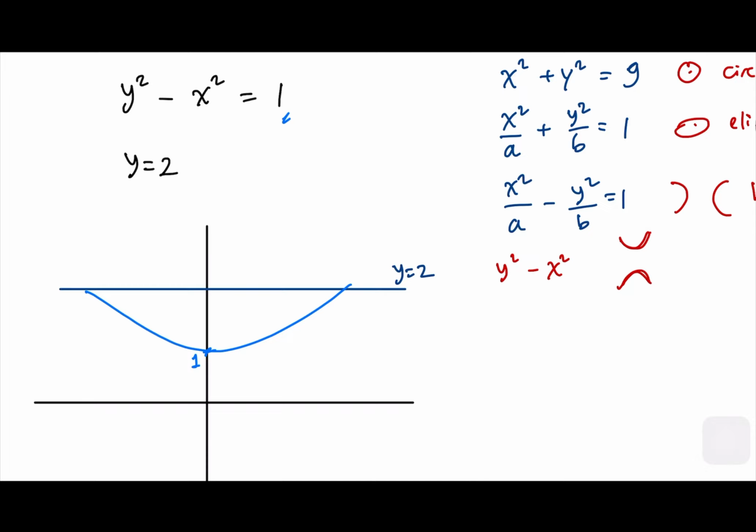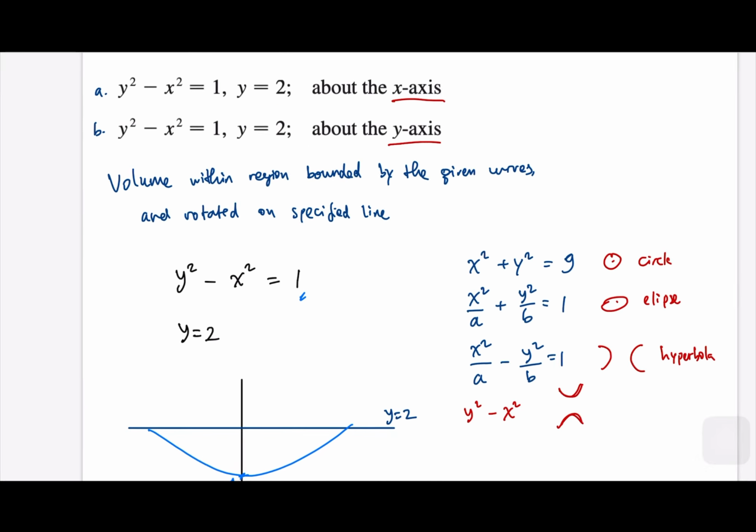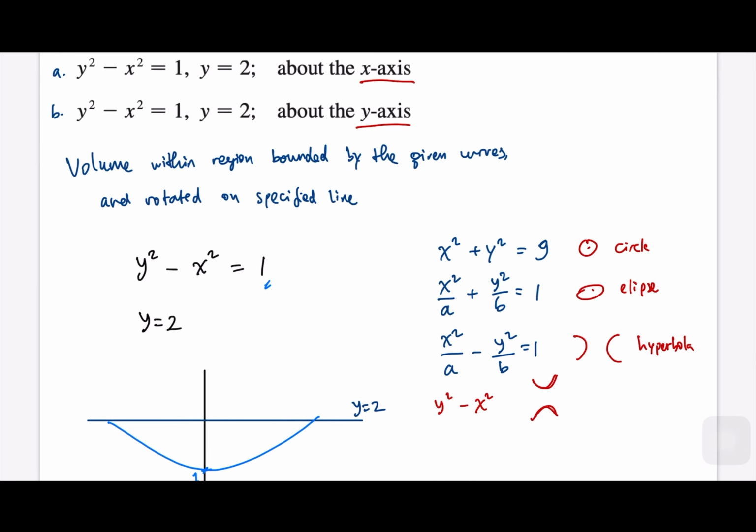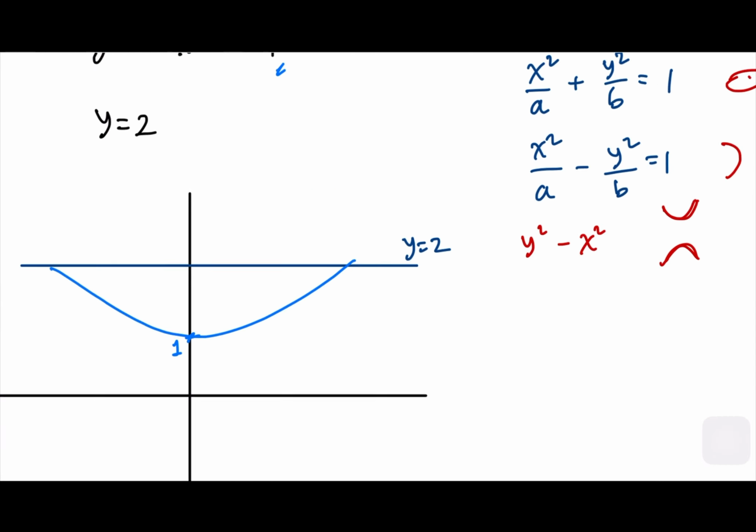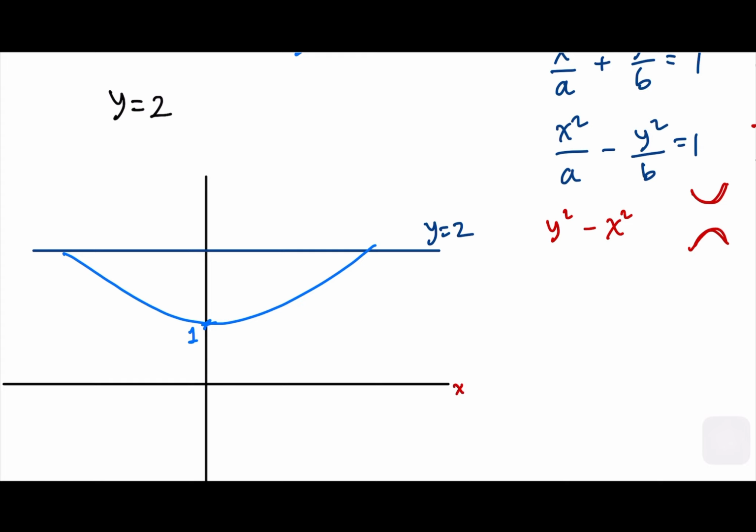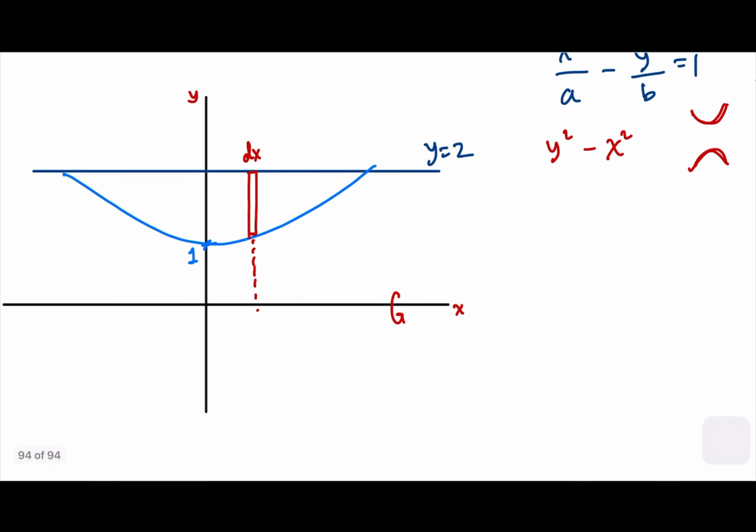Now the first question is telling you that it's rotated about the x-axis. So the x-axis is, this is x, y, so it should be rotated about here, which means that if we try to make an approximation here for our rectangle, with this being x, then I will have a washer, a disc with a hole.